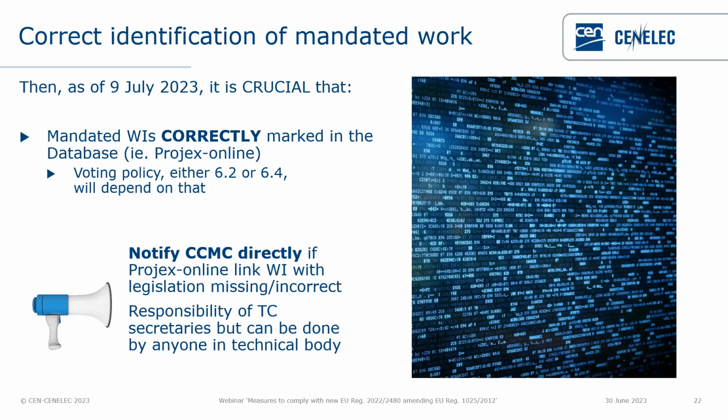So it is very important for all of you, if you notice in Project Online any error regarding the mandated or non-mandated nature of a specific work item, to inform CCMC as soon as possible.